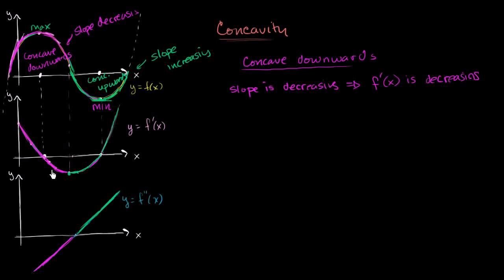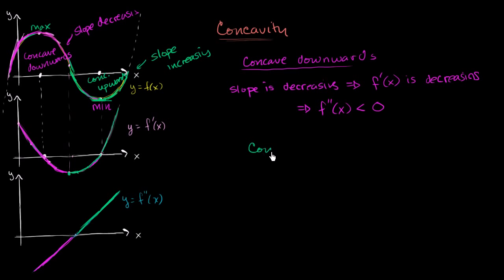If the first derivative is decreasing, the second derivative must be negative, which is another way of saying that the second derivative over that interval must be negative. So if you have a negative second derivative, then you are in a concave downward interval.